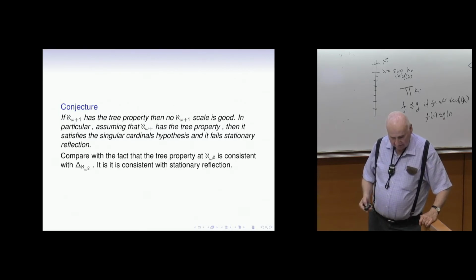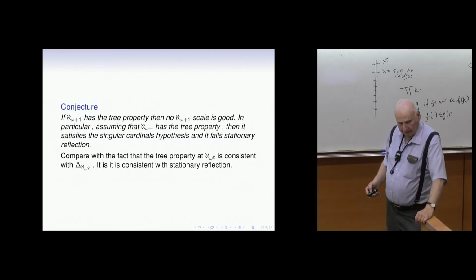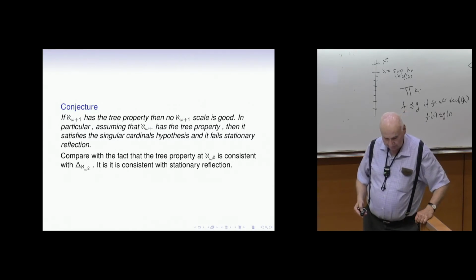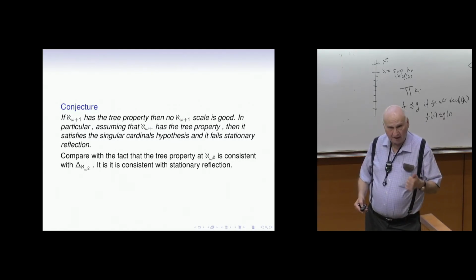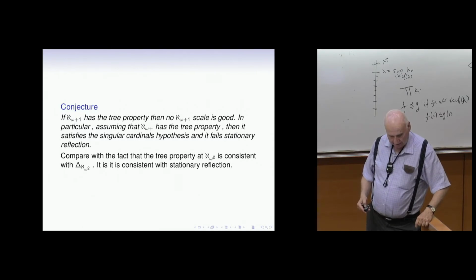Now compare that with Aleph Omega square. The tree property there, this is the result with Fontanella, is consistent with the delta reflection. The delta reflection implies stationary reflection. So you have stationary reflection there, and the tree property is true. There is no good scale, that's not too surprising.